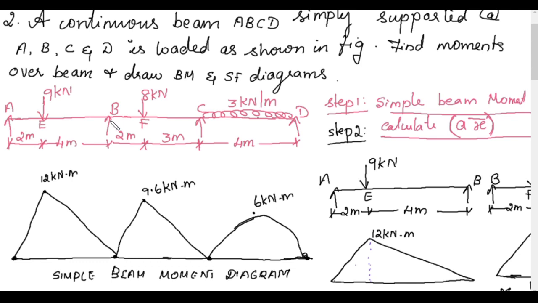While considering spans AB and BC, our extreme supports are A and C. That means for the span AB, the centroidal distance should be calculated from A, and for the span BC, from C. While considering spans BC and CD, for the span BC, the centroidal distance should be calculated from B, and for the span CD, from D.